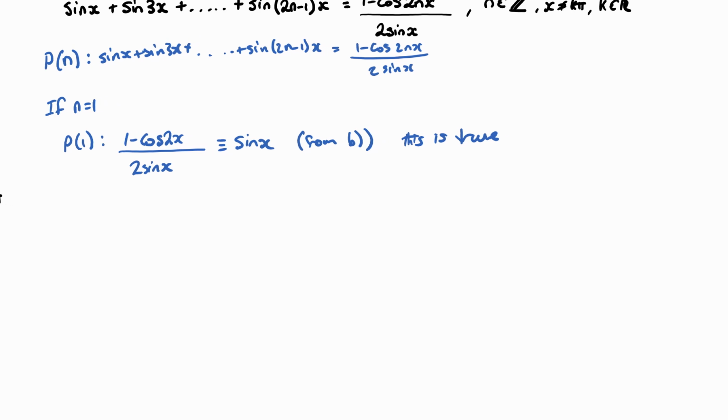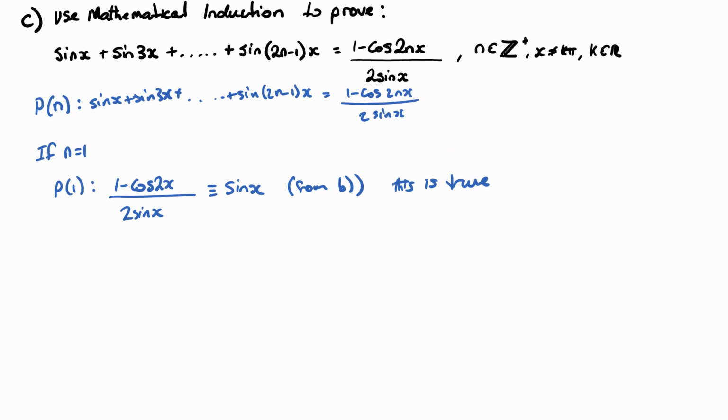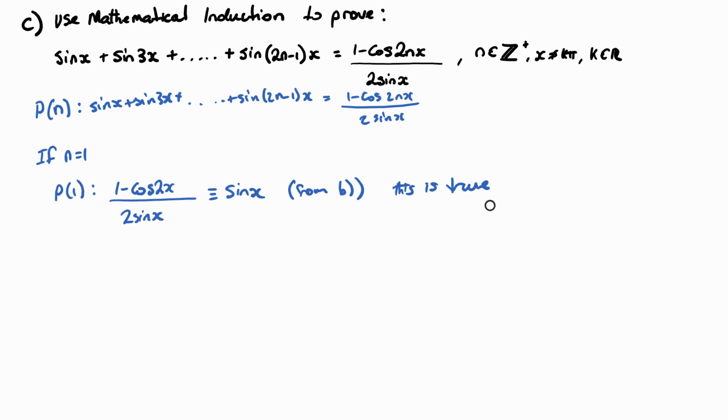Okay. After we've done the first one, we need to assume P of k is true. So assume P of k true.